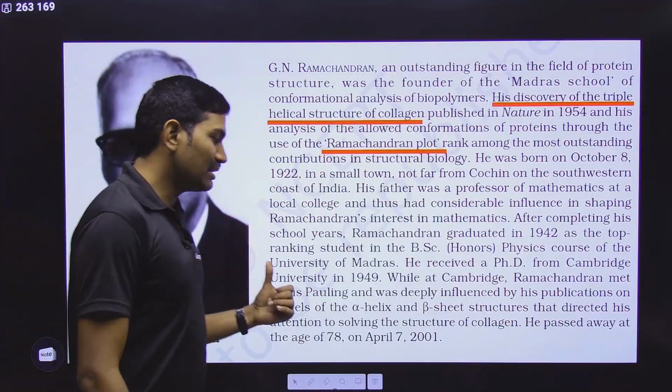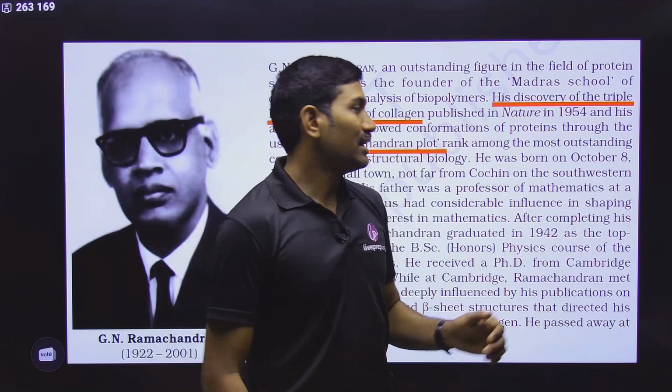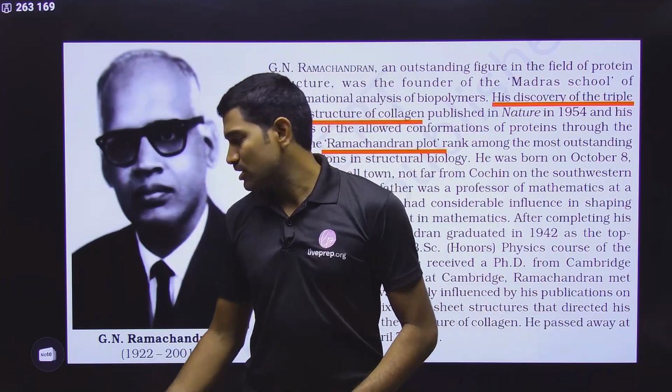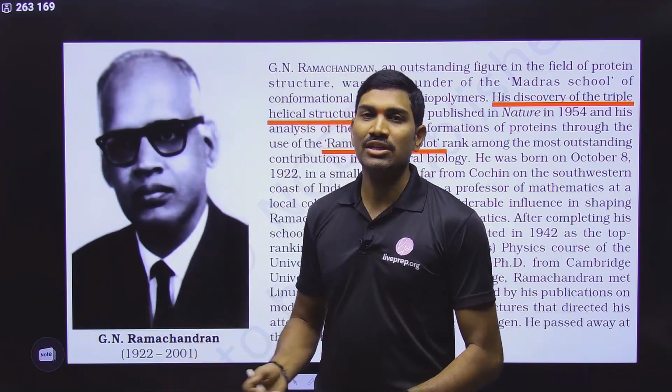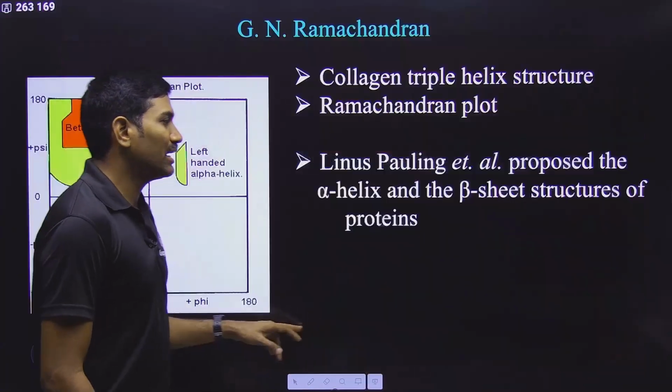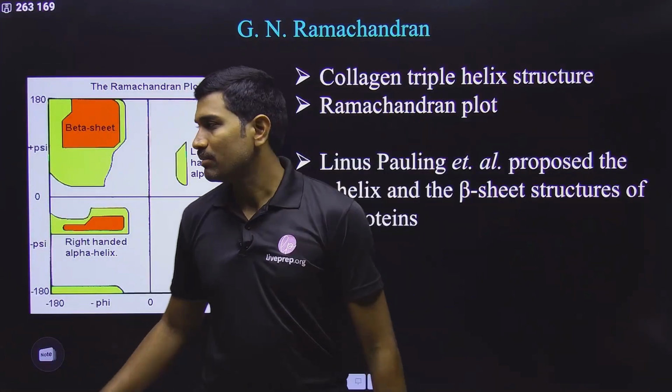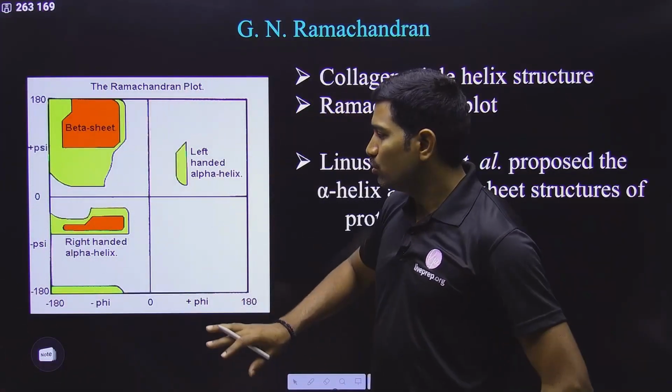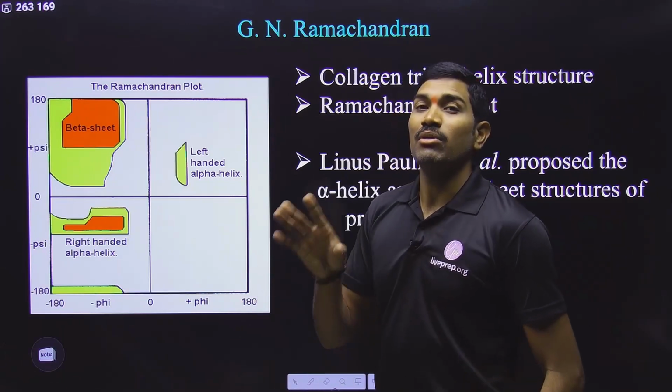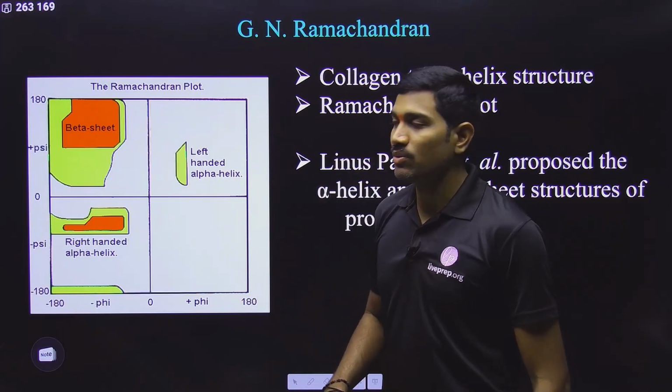Next, this scientist has given a plot, and that plot is called the Ramachandran plot, based on his name. His name is Ramachandran, so he gave a plot. That plot is called the Ramachandran plot. You don't need to worry about this particular plot, but what is the significance of this plot?